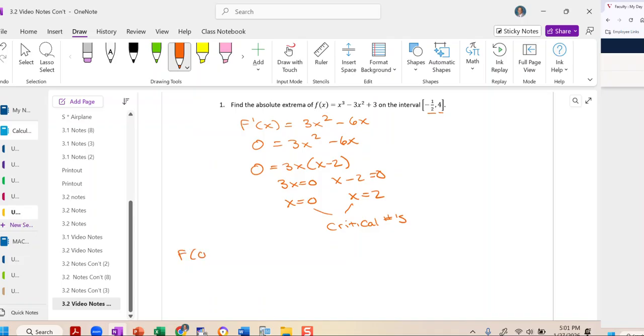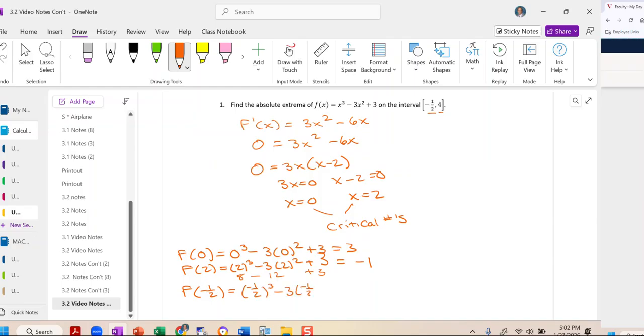So f of 0 is equal to 3. f of 2 is equal to 8 minus 12 plus 3, so it's -1. f of -1/2 is (-1/2) to the third, minus 3 times (-1/2) squared, plus 3.